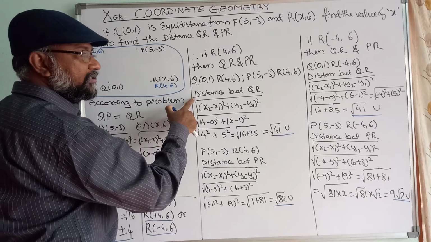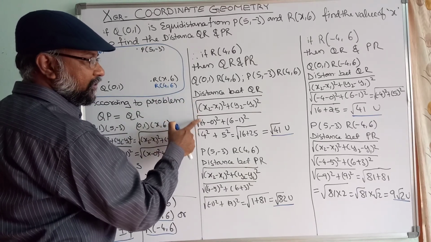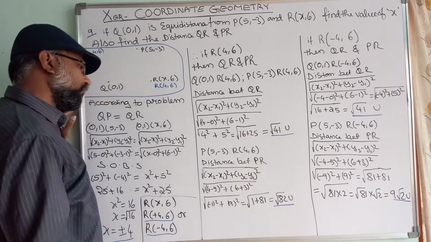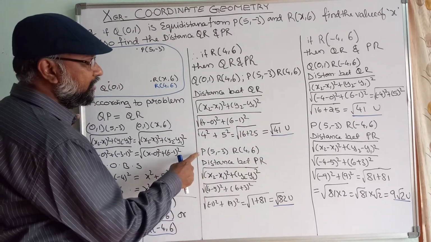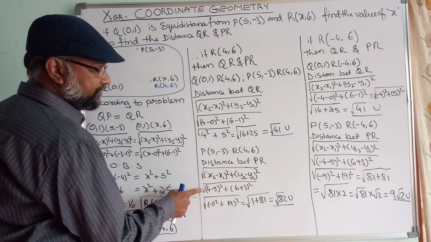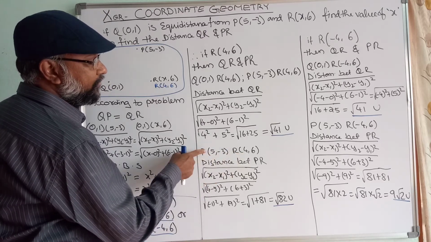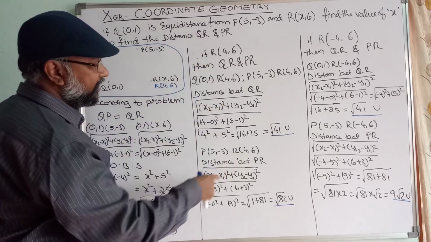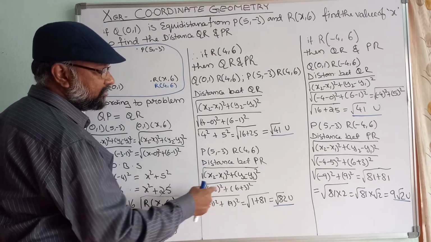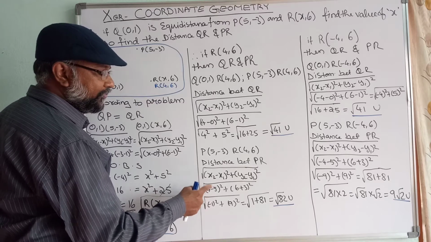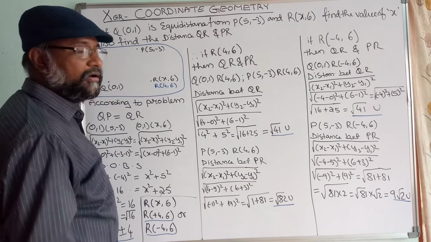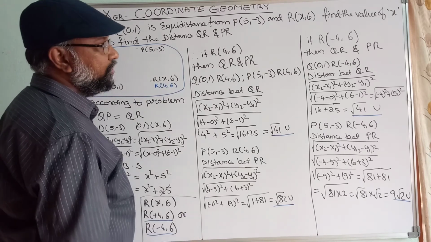First, to find the distance QR, write the formula, substitute, simplify, and you will get root of 41 units. And find PR: write the distance formula and substitute values. All the points are here, so you can easily substitute. Just substitute, simplify, and you will get root of 82 units.